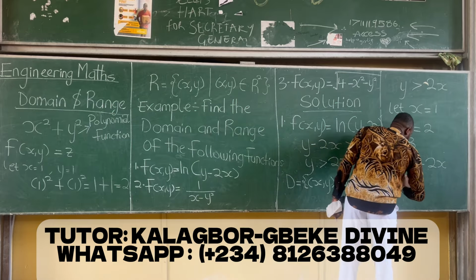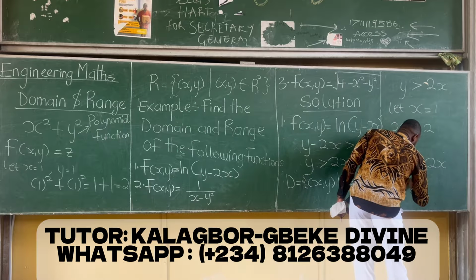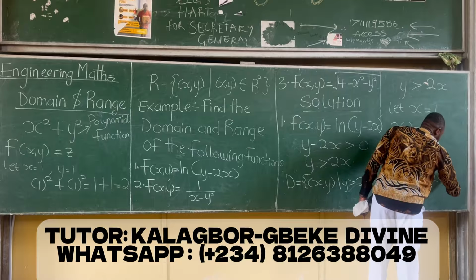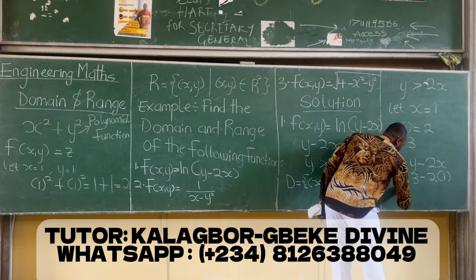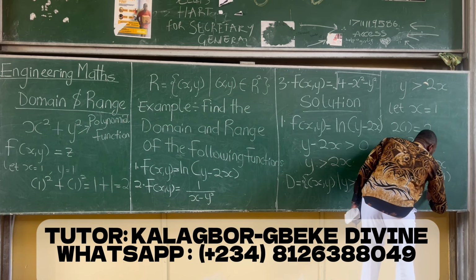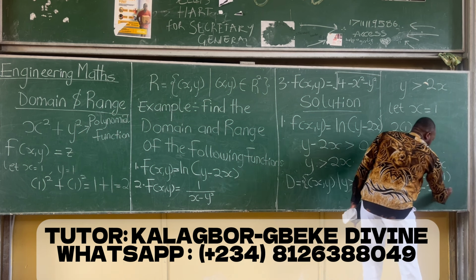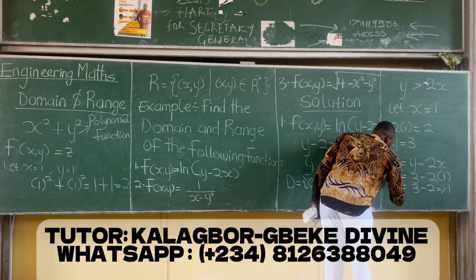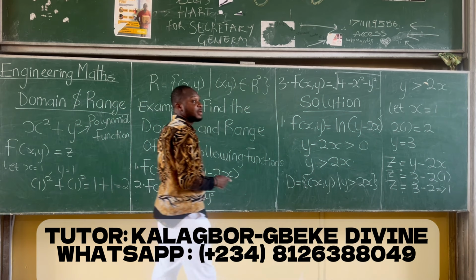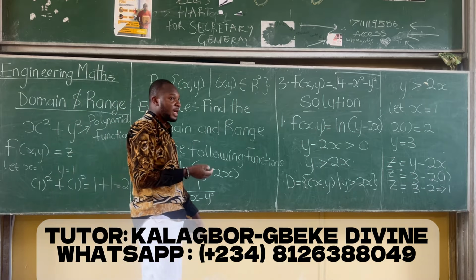So if we input the value for y, we'll have 3 minus 2 times the value for x, 1. So we'll have 3 minus 2 times 1, which is 2. So our value is equal to 3 minus 2, which is 1. So the function is defined, as far as we do not land on 0. So the function exists.